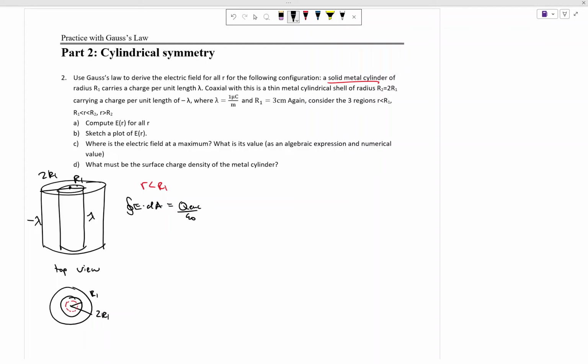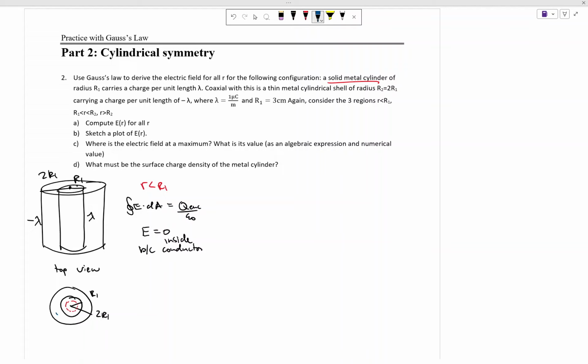Since we're inside of a metal, we know the charge is going to arrange itself such that the electric field inside is 0. So that's easy. In other words, all the charge is on the surface of the metal cylinder.